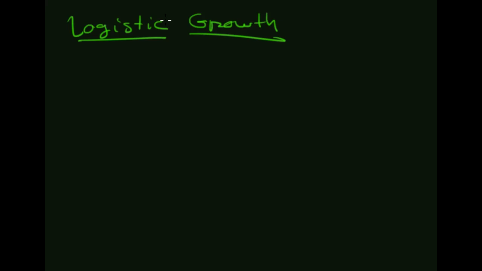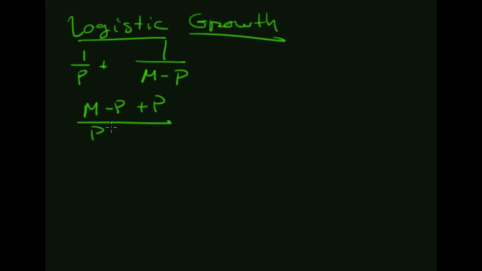In order to do this, I need to establish a little bit of math here, just to kind of get us to something that's useful. If I take 1 over p and add that to 1 over m minus p, I get a common denominator here, so this is going to be m minus p plus p over p times m minus p.